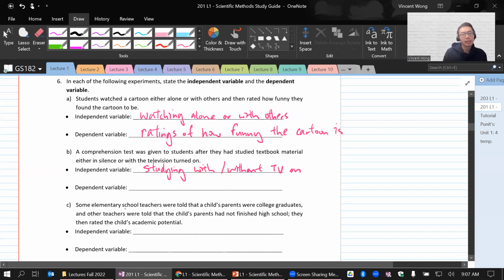And the dependent variable? It's not explicitly stated in the scenario. Anybody want to share? The result, maybe? The result of what? The test. Comprehension. That's right, exactly. The result of the comprehension test.